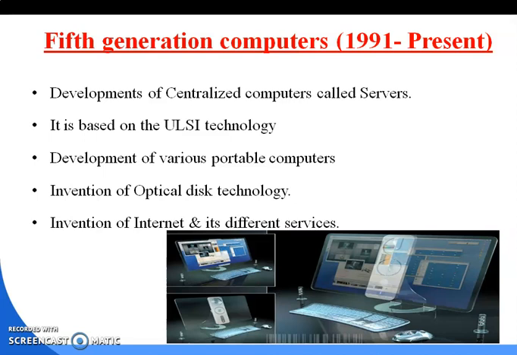Development of various portable computers, invention of optical disk technology, invention of the internet and its different services. In the fifth generation computers, supercomputers come in, which are used basically for R&D areas, that means research and development, weather forecasting, defense areas, cultivation, and complex mathematical calculation.